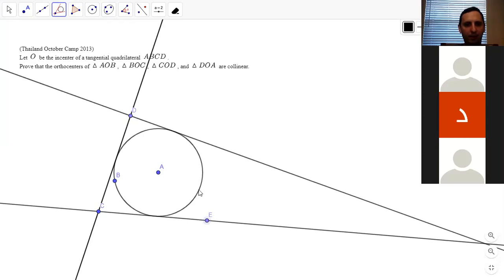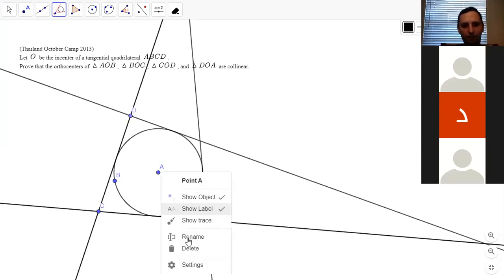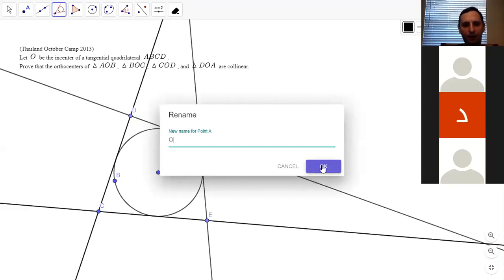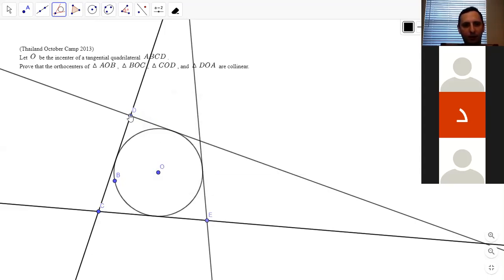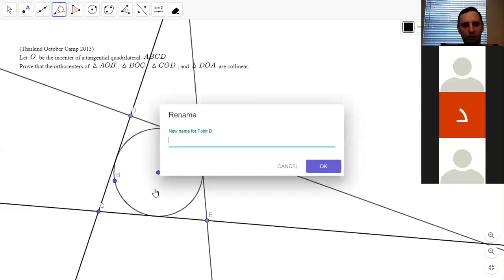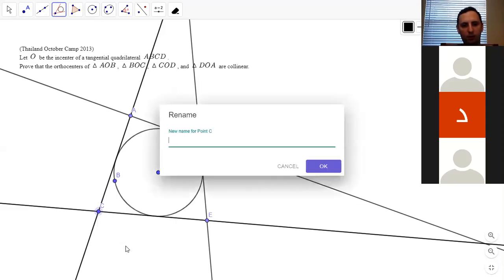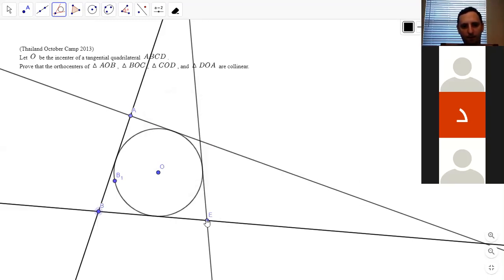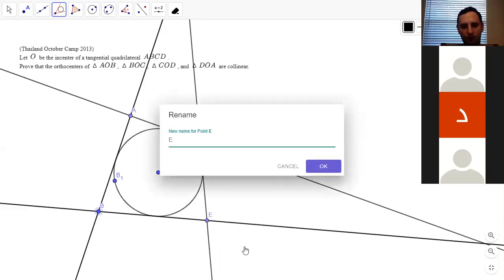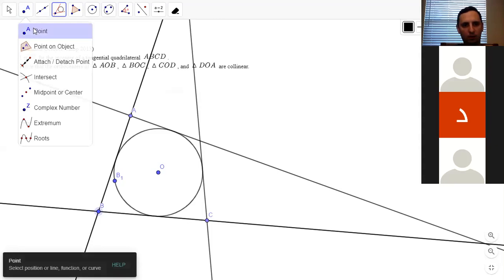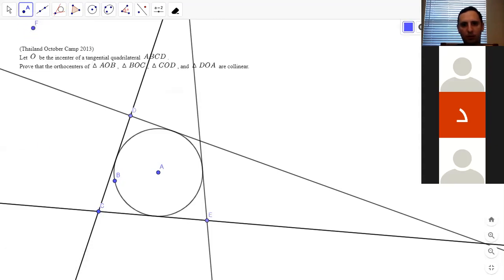So we have an inscribed quadrilateral with center O. And we'll just relabel A, B, C, D. Oops.